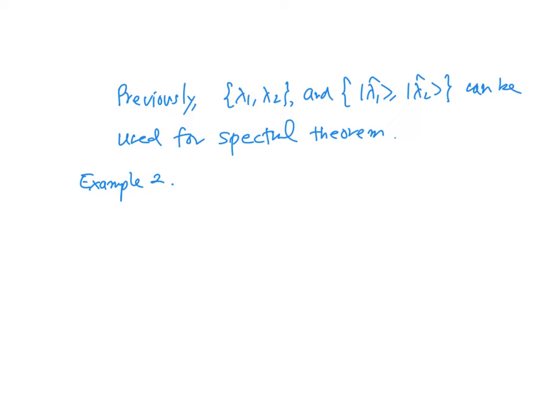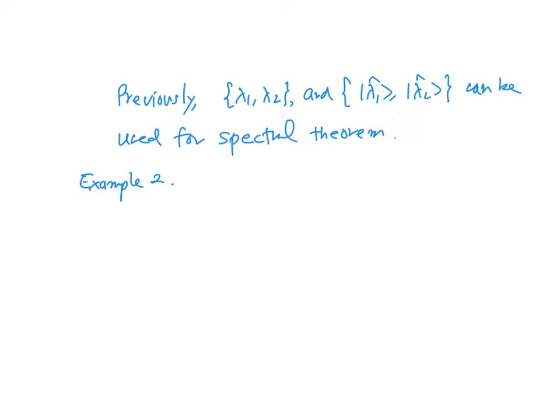Then lambda 1 and lambda 2, plus 1 and minus 1, and the vectors with the tilde can be used to show the spectral theorem. I'm not going to repeat it.